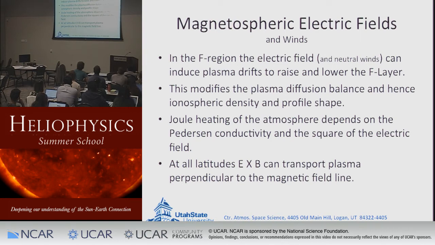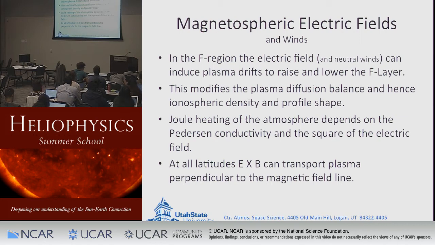We said that the F layer has a very strong diffusion control at the upper part and lower down its chemistry. Well, the diffusion balance can be interfered with by introducing winds that push the plasma up or down field lines. So anyway, that's kind of important. And then we said that Joule heating depends on the Pedersen and the square of the electric field.